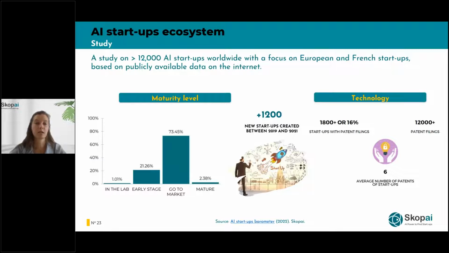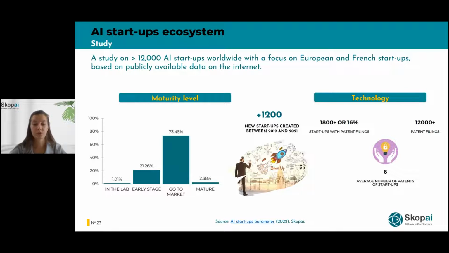For example, it maps the maturity level, and we can see that more than 70% of startups are at the go-to-market stage, with 21% early stage companies. More than 1,000 startups have been created over the last 3 years.